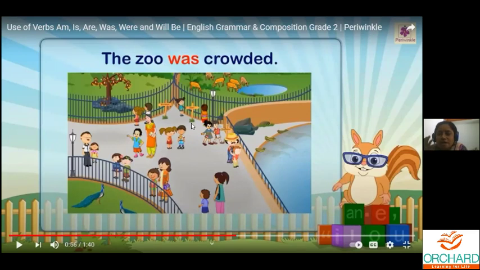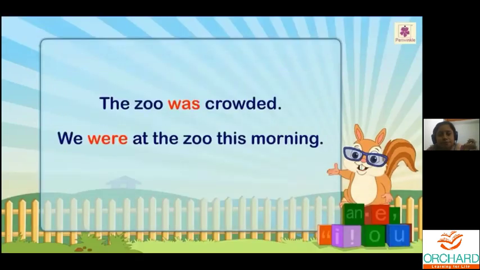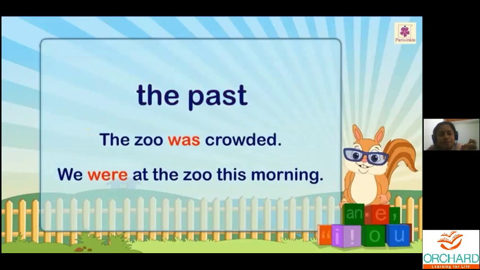Earlier it was is, am, and are, present tense. Was and were, past tense. Yes, very good, Srinidhi, about past tense. These sentences are using the verbs was and were that tell about the past.